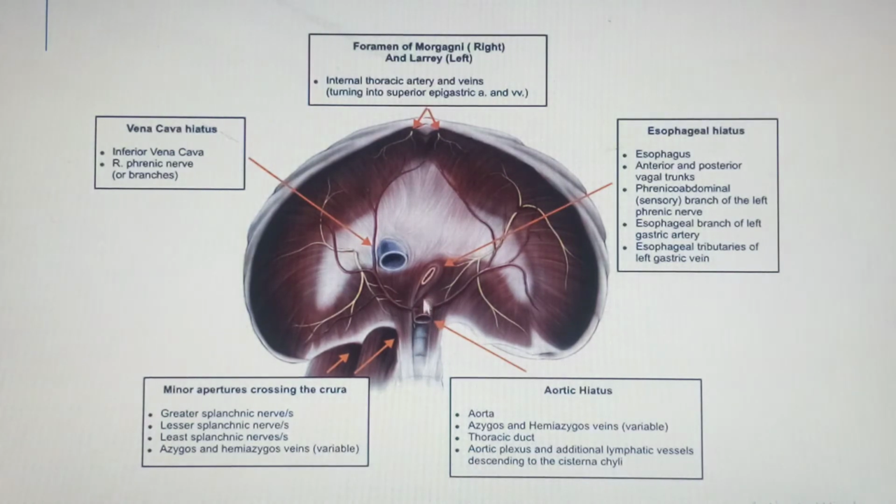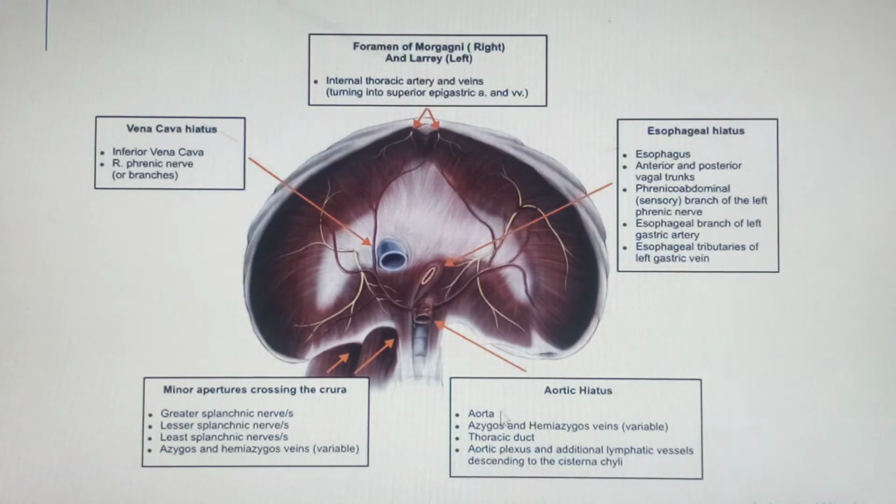Then the next opening, which is over here, will be that of the aorta, the aortic opening, or the aortic hiatus. Now, if you put these two words together, then we are going to get a 12-letter word. So the aortic opening will be at the level of T12 vertebral level.